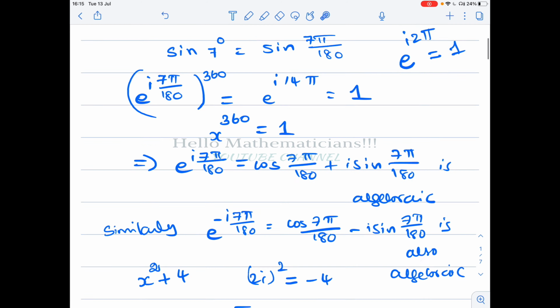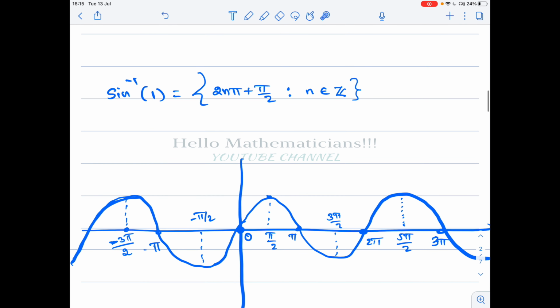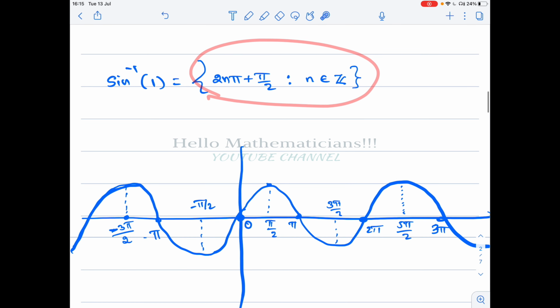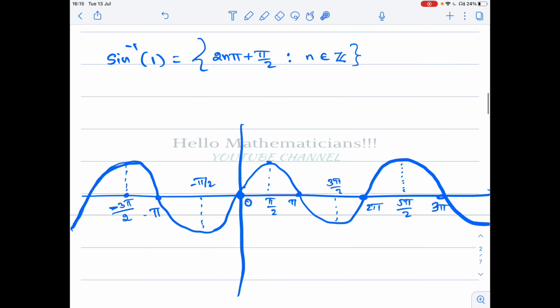Sine inverse of 1 is algebraic. So what is sine inverse of 1? It is not a single value, it is a set of values. If you are going for the CSIR exam, you should remember the sine curve, the cos curve, and the tan curve very clearly. Just remembering these curves will help you in answering many problems. If you look at the sine curve, this is 1, this is minus 1.